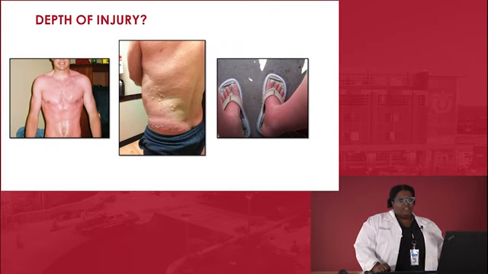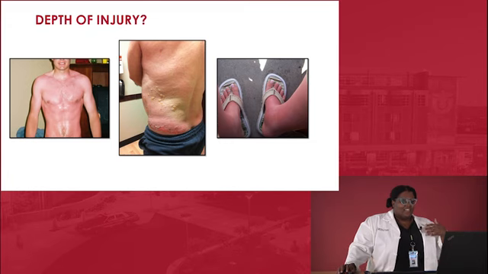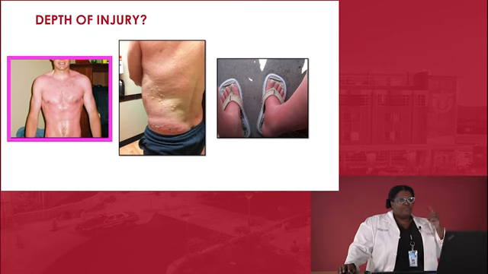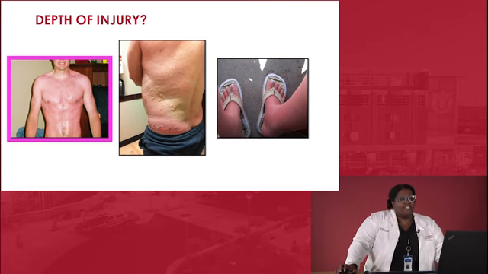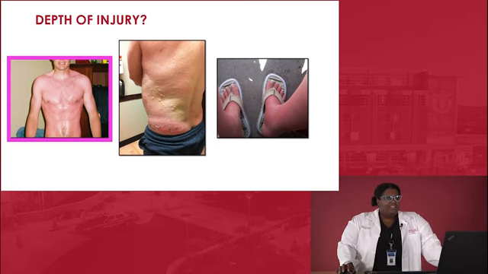So I might need a little audience participation. If you can in your chat here, I'm going to point to this picture. Can someone tell me, just put a 1, 2, or 3, is this a first degree, second degree, or third degree injury? I see 1.